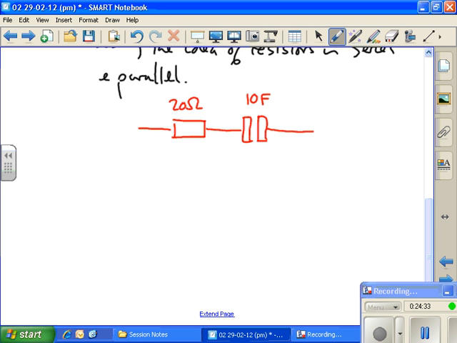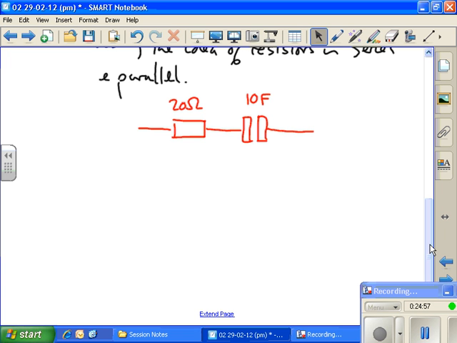But let's not try and run before we can walk, okay? Do you get 10 farad capacitors? Okay. Well, we're going to put a 12-volt supply across this thing, so we'll see how it copes.